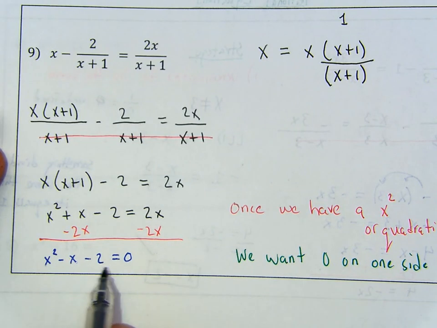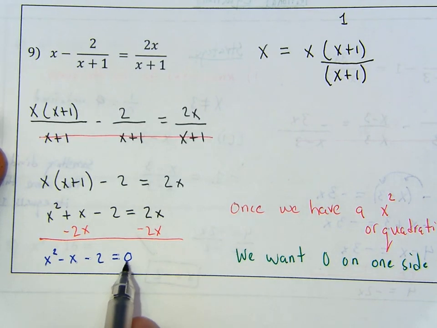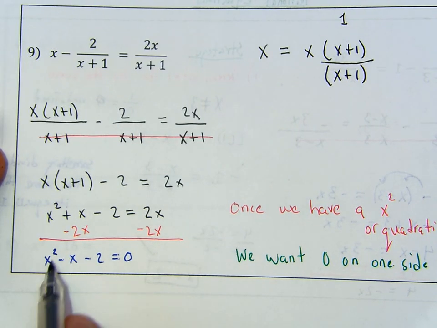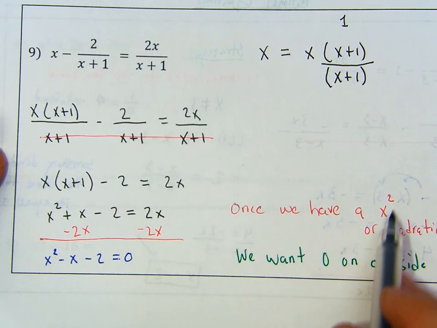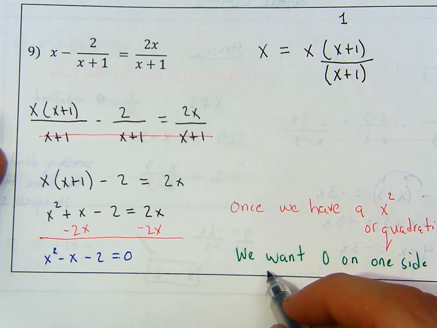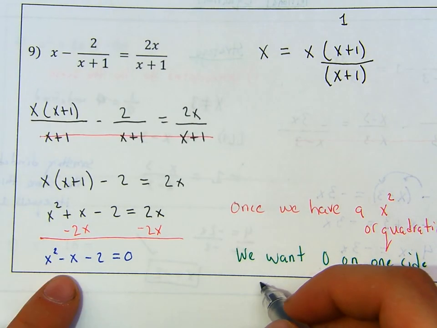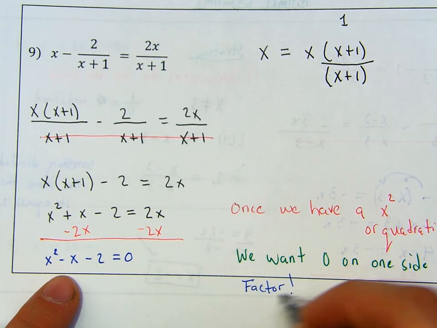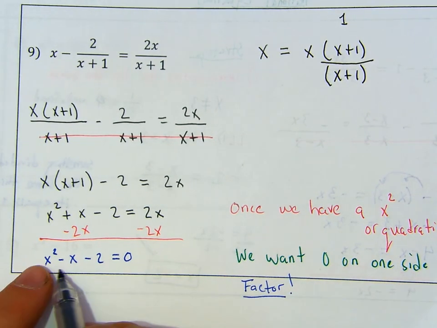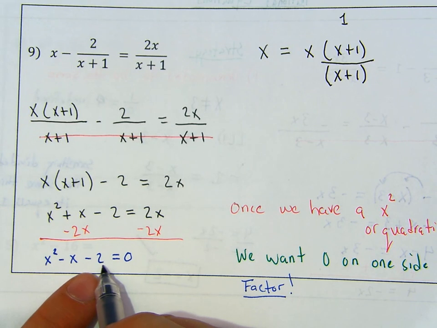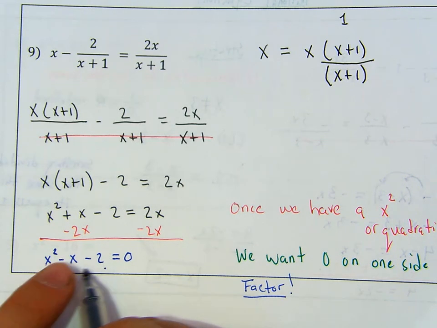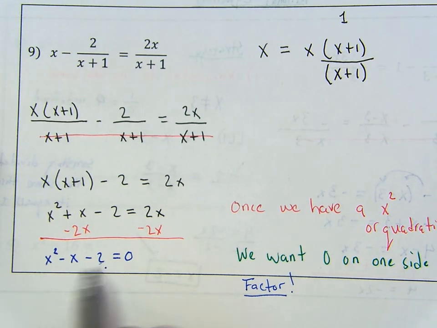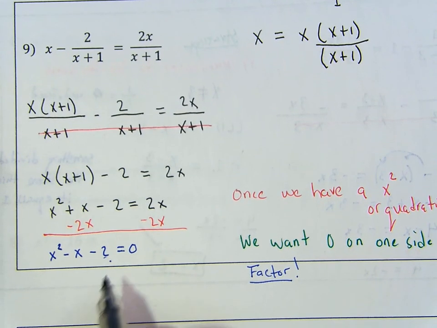So now that we have 0, what was the purpose of getting 0 on one side once we have a quadratic or some x squared? Pause the video and try and answer that question without me going. But the idea is we want to factor. What two numbers, when you multiply, give you -2, but when you add, give you -1? Pause the video and try and figure that out.